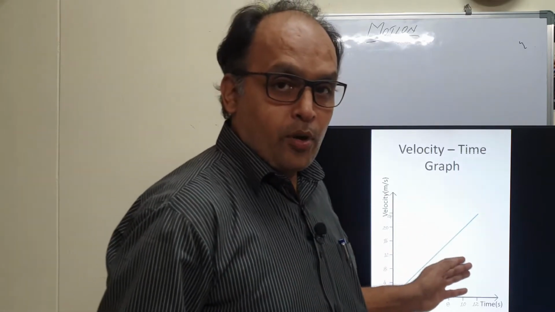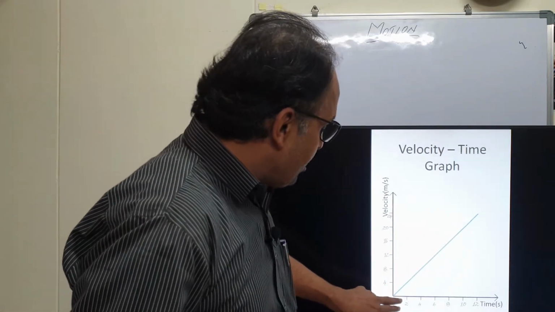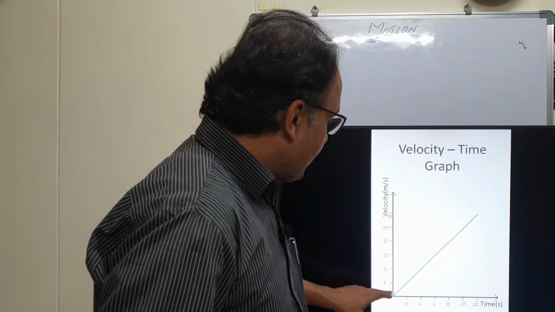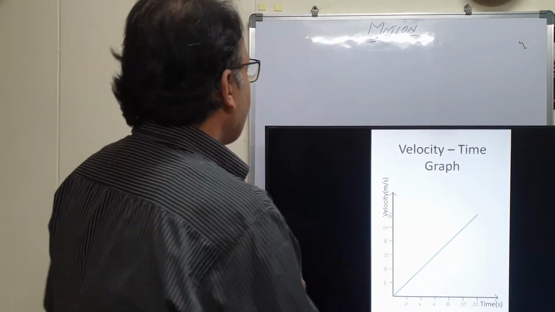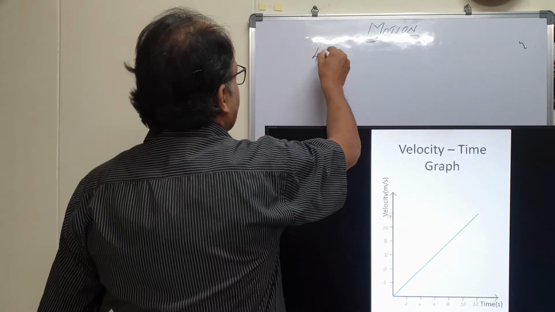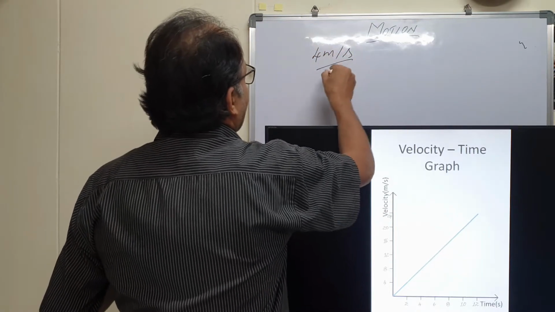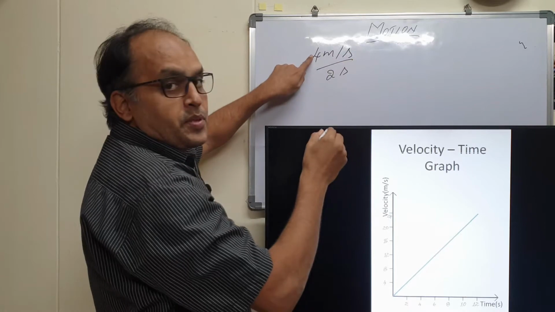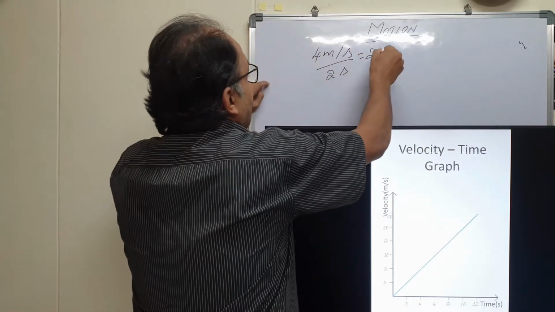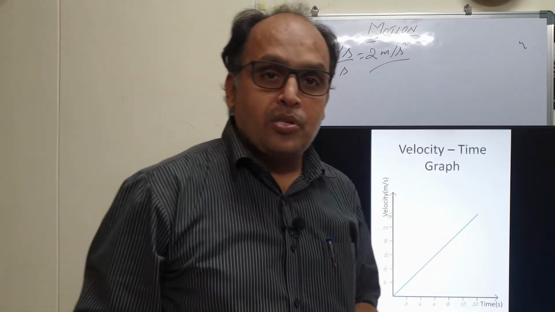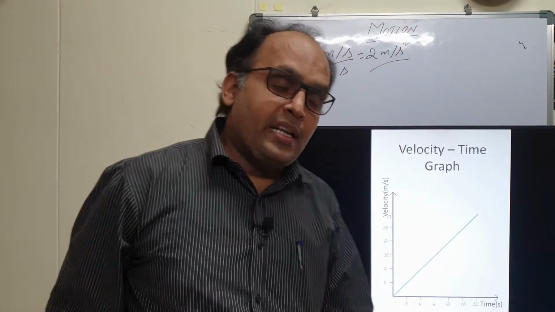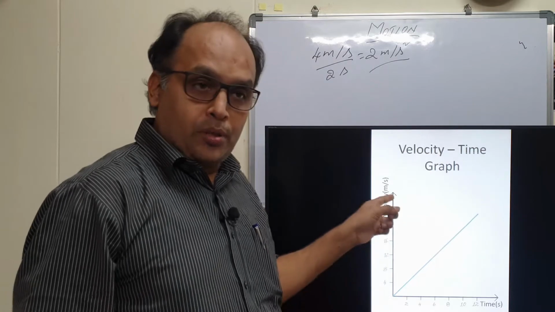At the same time, if you observe carefully, for every 2 seconds increase in time, there is a change in velocity of 4 meters per second, which gives 2 meters per second square as its acceleration. So the acceleration of the body is the same throughout.